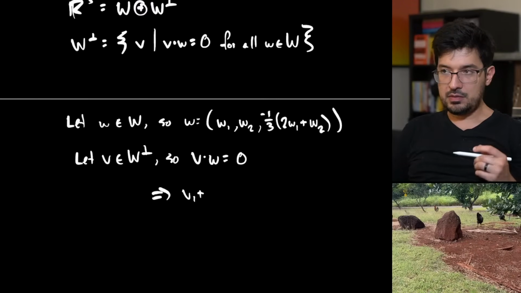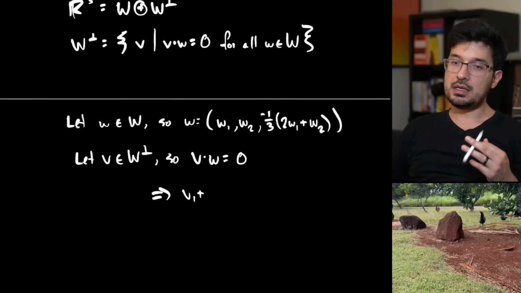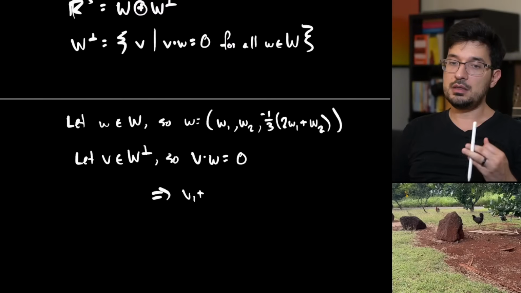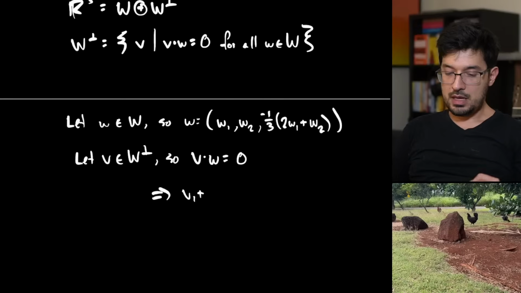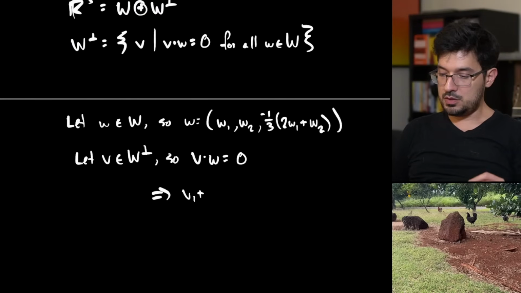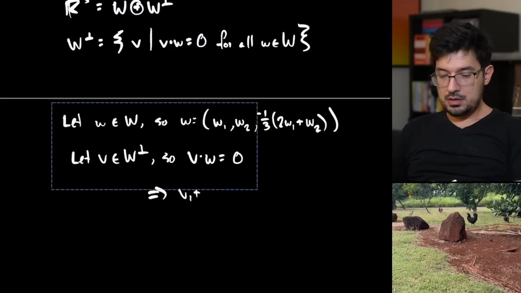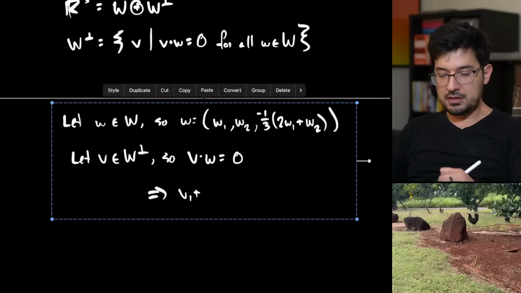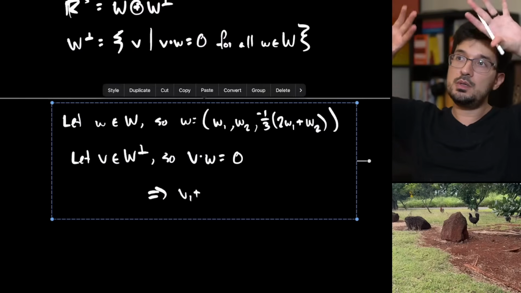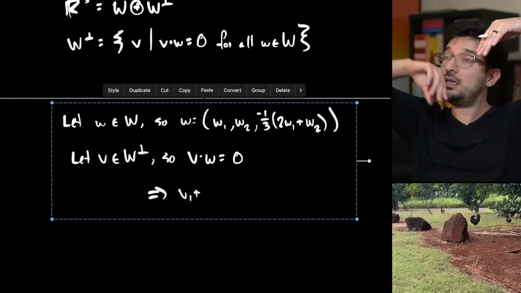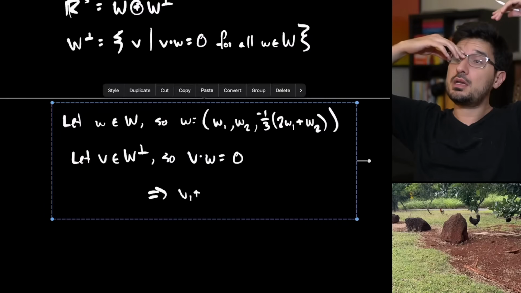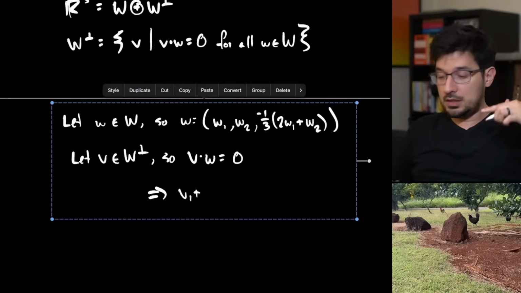V is a vector that is orthogonal to two three-dimensional vectors, so it is the cross product of those two vectors.